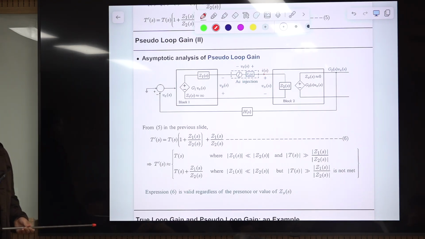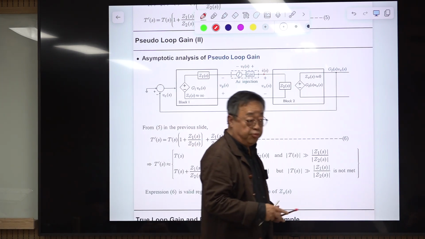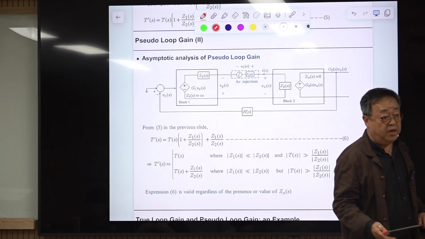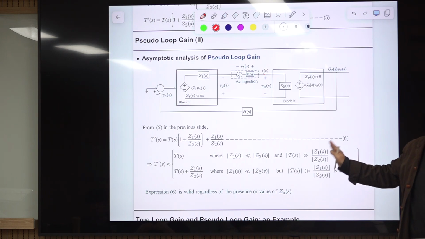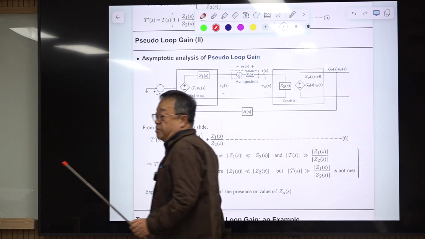So I hope you think about that problem or dig out some useful reference book, then refer to them, and you will learn by yourself how to measure the unstable system.